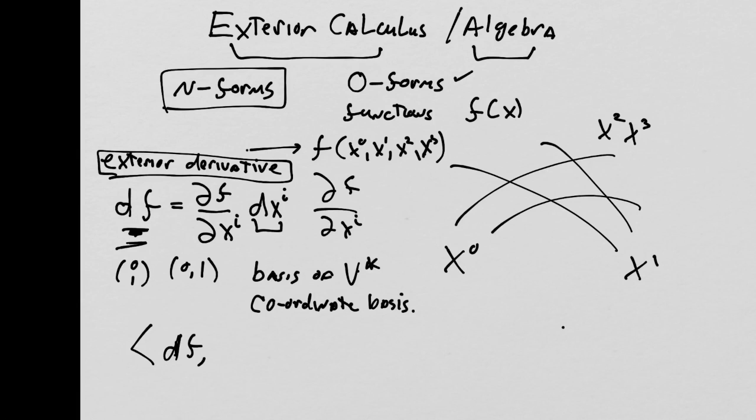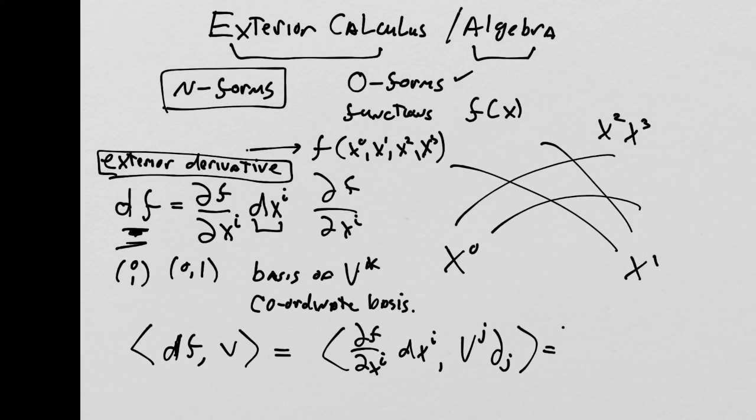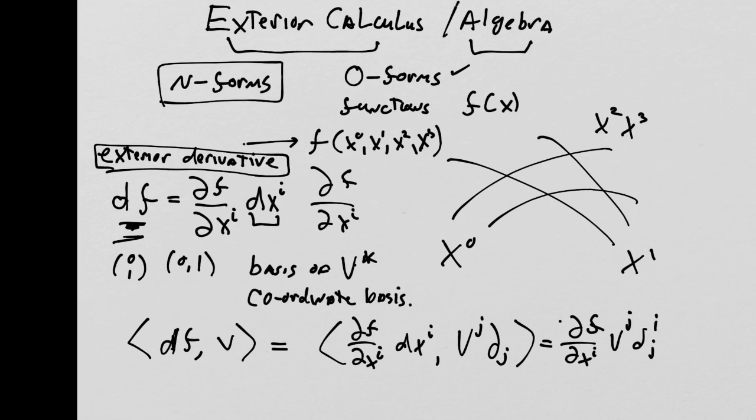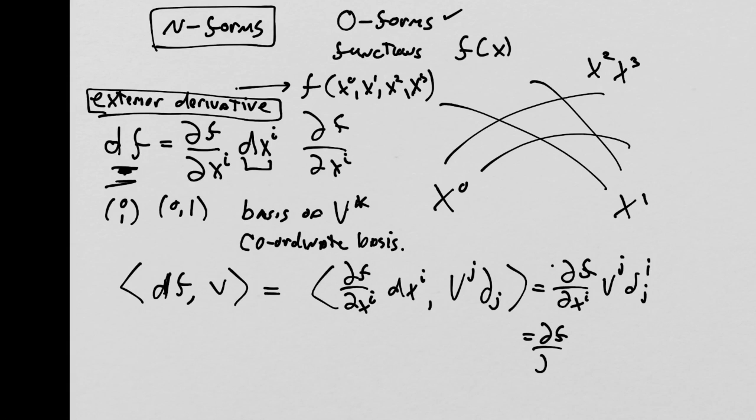It will act on a vector v, and it does so in exactly the way it always would, which is df(dx^i, v^j partial_j), which is partial f partial x^i v^j delta^i_j, which is partial f partial x^i v^i, right? Which is really the same prescription as we've done before.